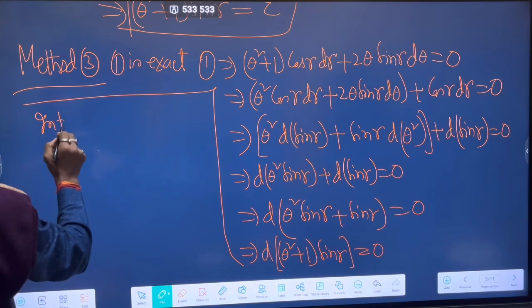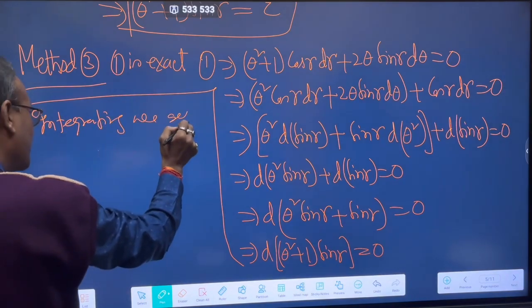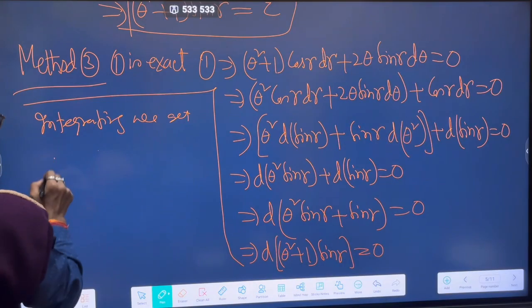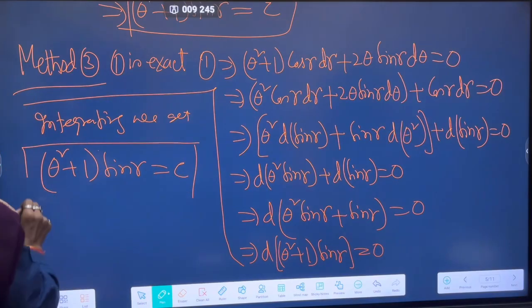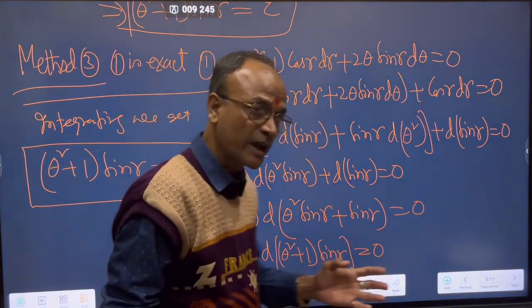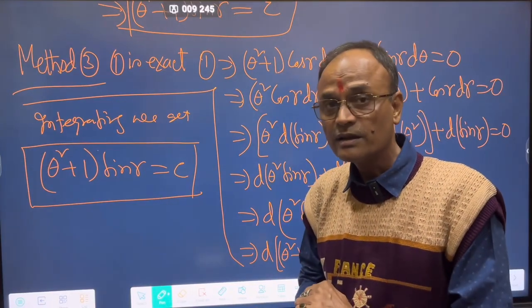Integrating, we get (theta square plus 1) sin r equal to constant. Therefore, we have solved this equation by method 3 also.